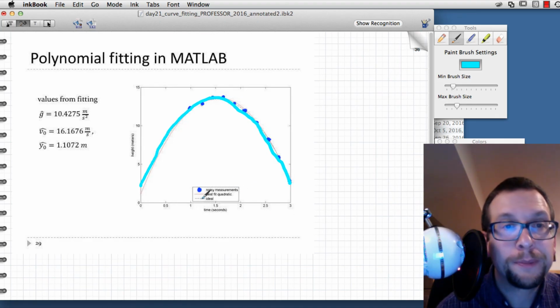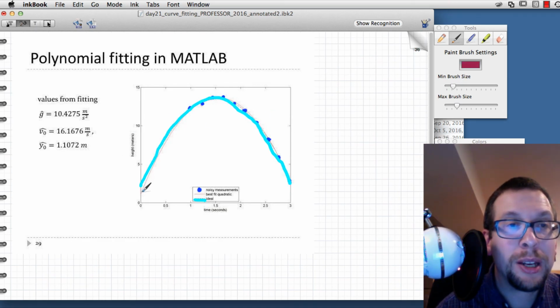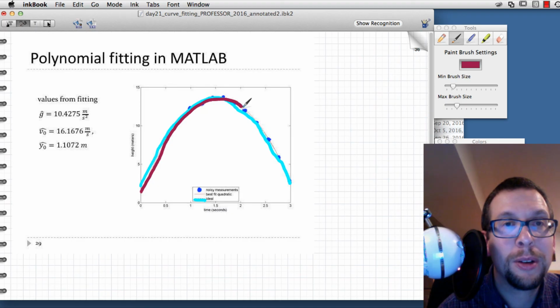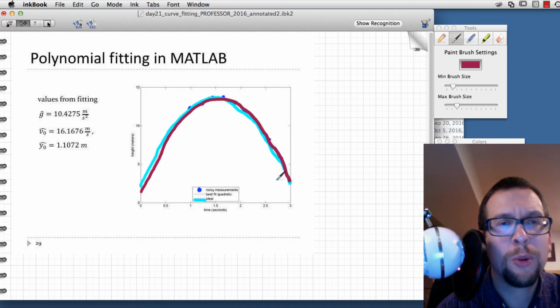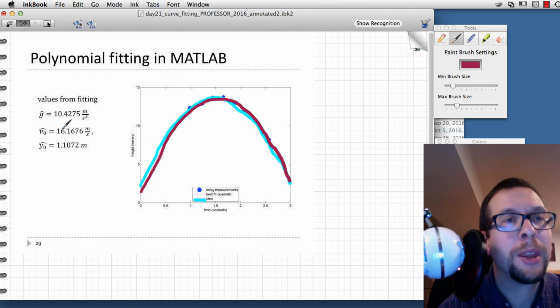And then what we ended up having was a second order polynomial fit, which created an equation of second order that was very similar, not quite, but very similar to the original quote-unquote measured values.